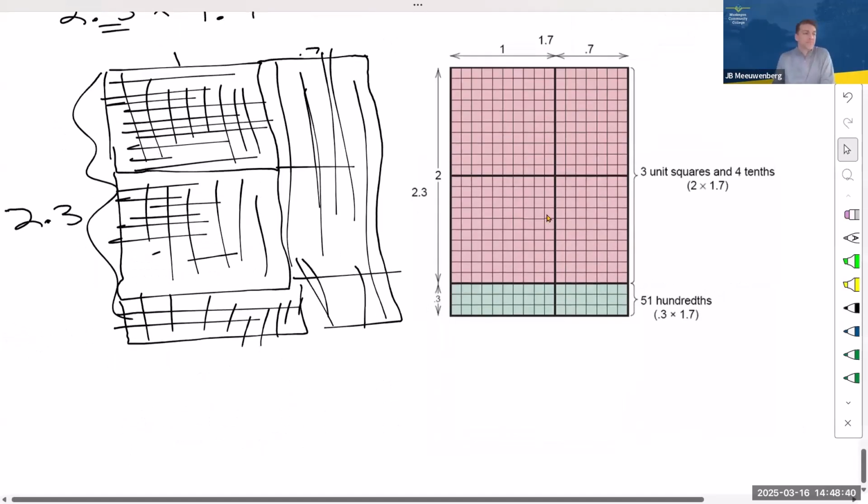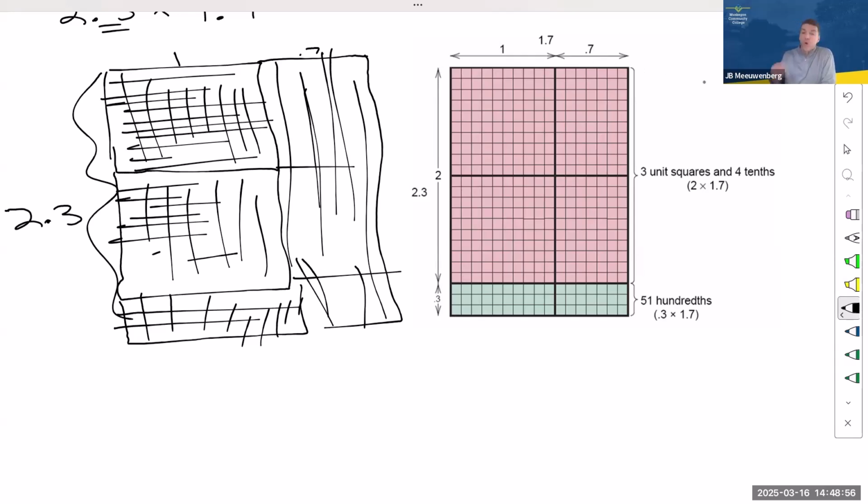So let's take a moment to analyze this. The number 2.3 we can represent this way: 2 and 3/10. Horizontally, it's 1 and 7/10. And when we multiply those, we are calculating the area of the space that's filled in here.